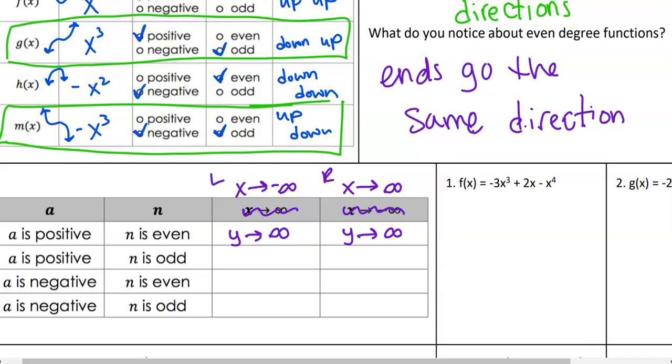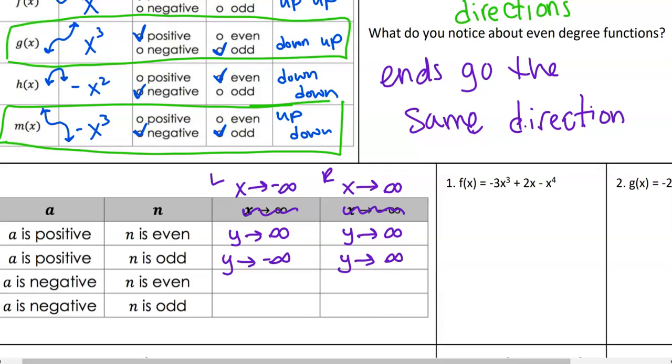All right, if a is positive and my n was odd, what happened on the left side? It went down and then it went up, right? So y was going negative on the left and then y was going positive on the right.